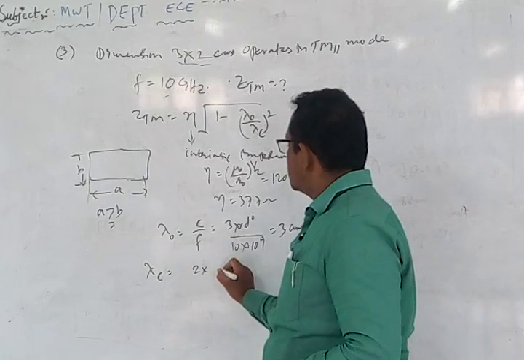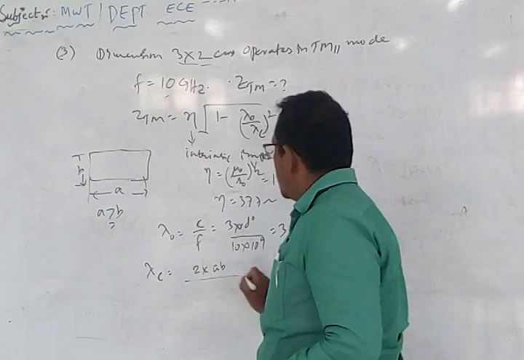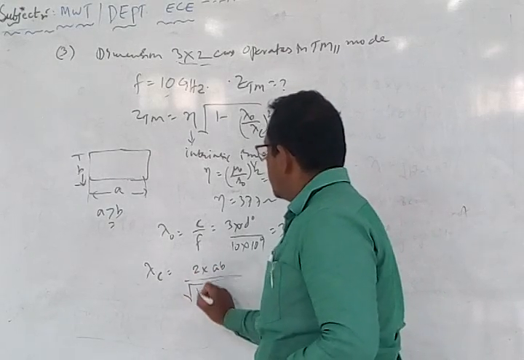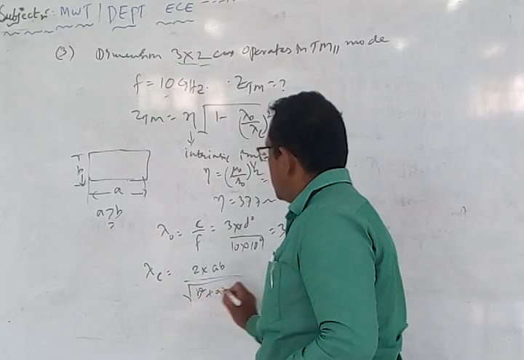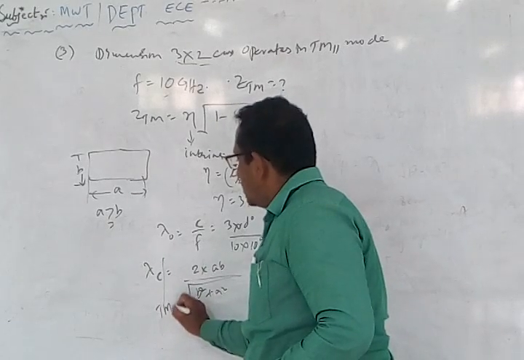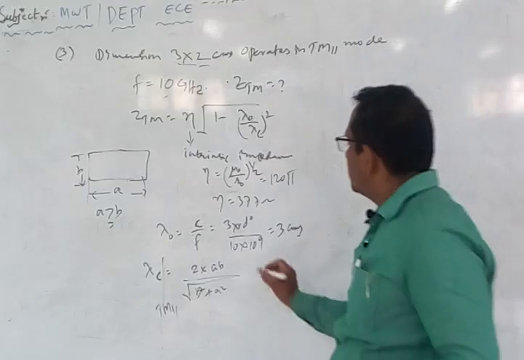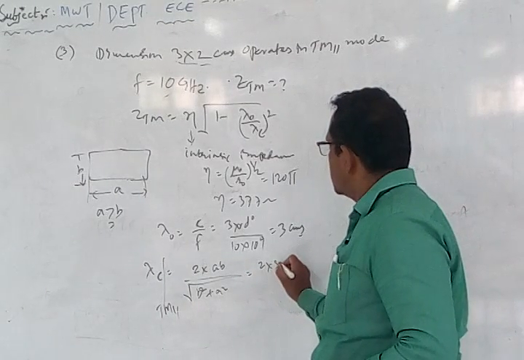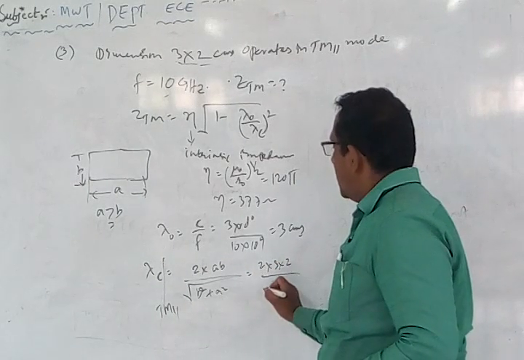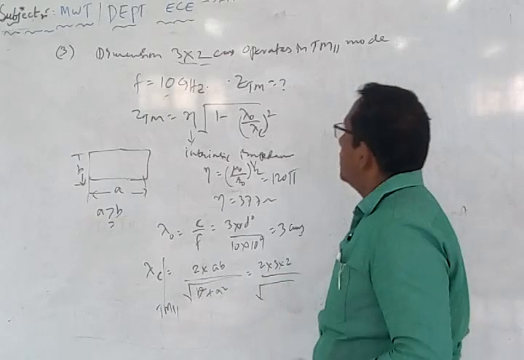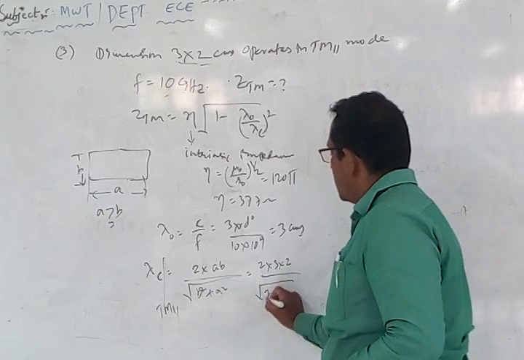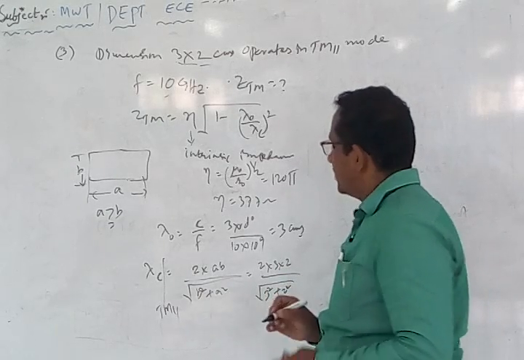So I can write this as 2AB divided by the square root of B square plus A square, for TM11 mode. So 2 into 3 into 2 by under root of 3 square plus 2 square.